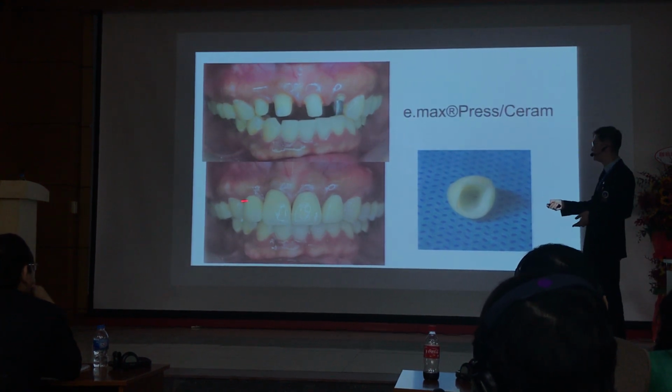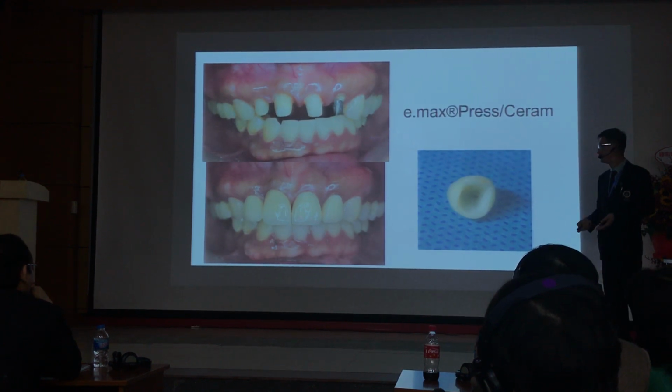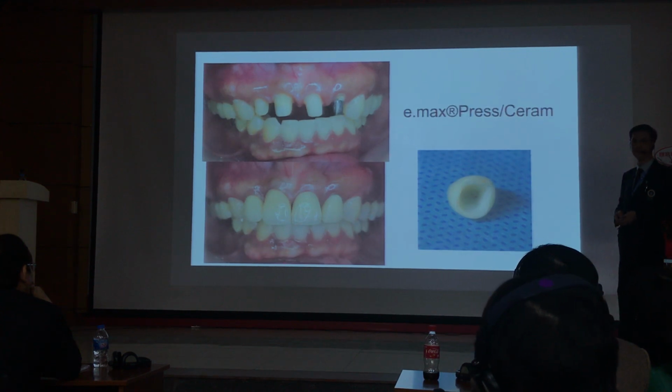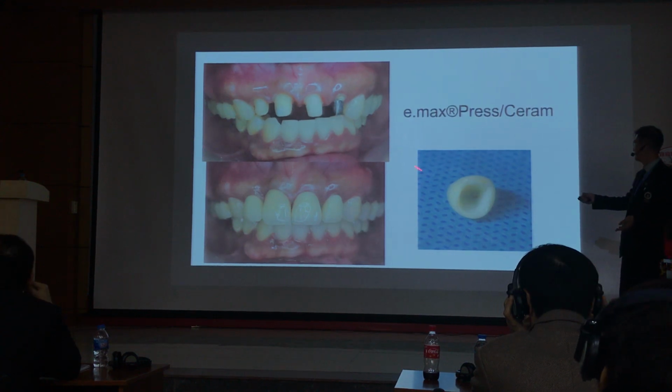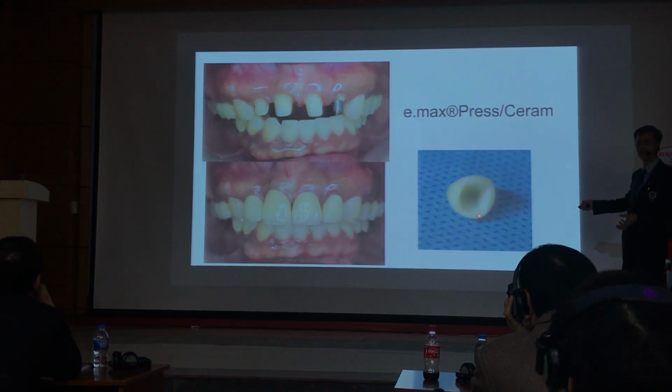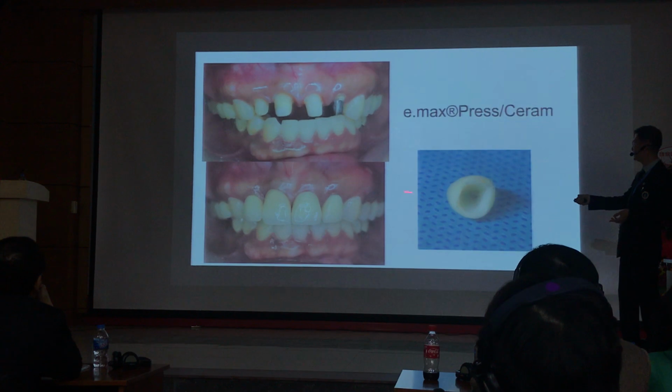But I don't like the appearance of this one that much because it's a little bit white. But when you make four at the same time, the patient says it's okay, no problem, and I like it, so that's fine. But for me, I think it's a little bit too white because the technician is trying to cover the metal color. They use a very white Emax substructure, and then you're going to see it a little bit white.